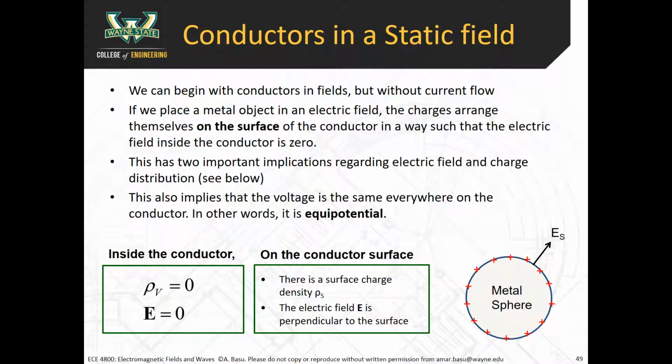Now, given that charges are free to move around, the charges should end up moving to the lowest energy state. Does that make sense? The charges will move to the lowest energy state.